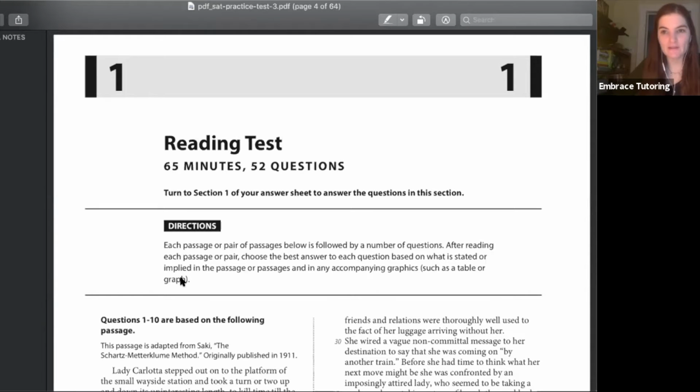Your calculator is easily accessible, maybe beneath your chair. And you have extra pencils within easy reach, and you're following all the testing regulations. You know where the bathroom is, where the water fountain is if you really need that, and where you've put your snack and your water, which will be in a separate room for your breaks.